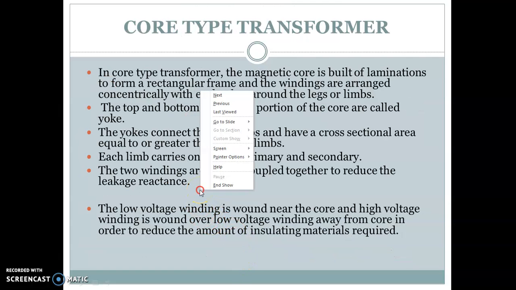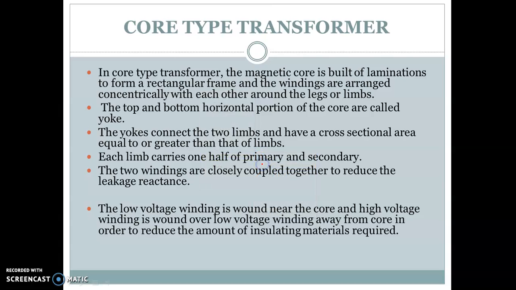Generally, we find two types of transformers: the core type and the shell type. In the core type of transformer, the magnetic core is built of laminations to form a rectangular frame, and the windings are arranged concentrically with each other around the legs or limbs.